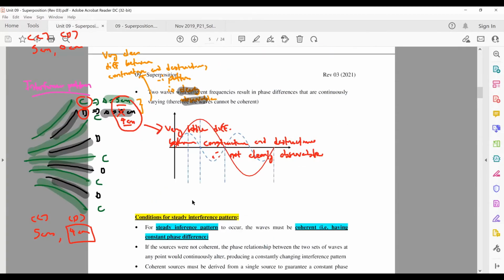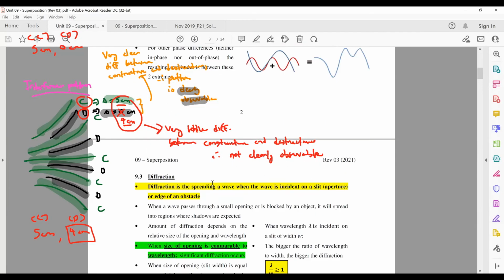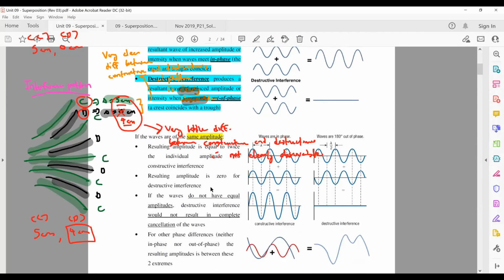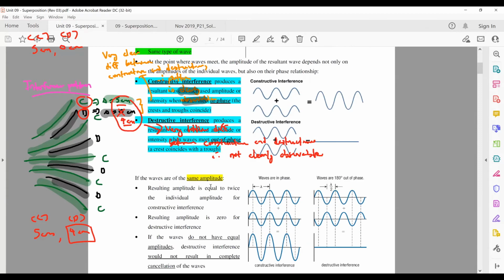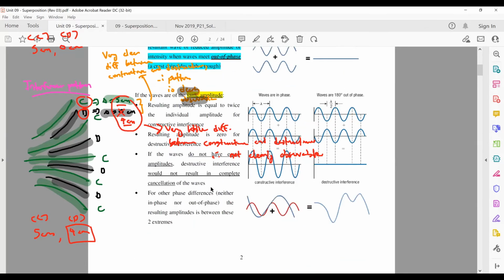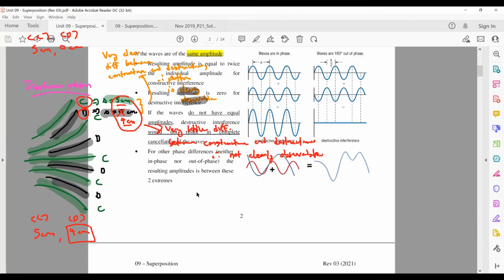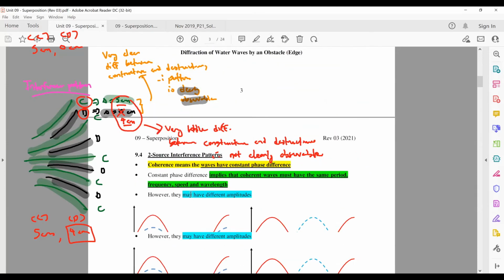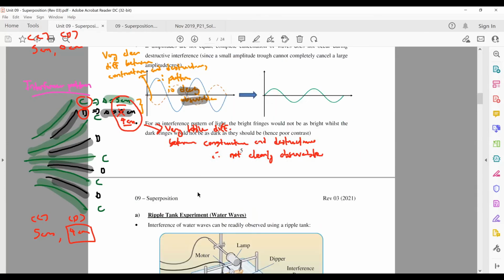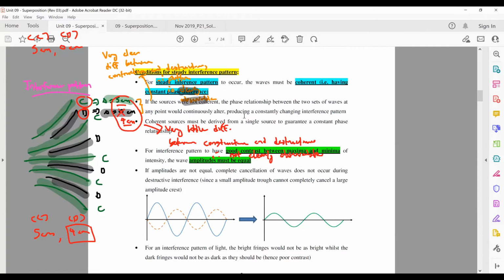Remember that time in the last lesson I mentioned to you, destructive interference does not necessarily result in zero amplitude. They only result in zero amplitude when the amplitudes are equal in the first place.